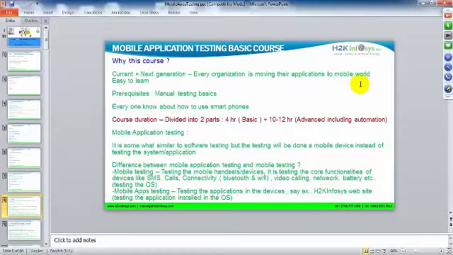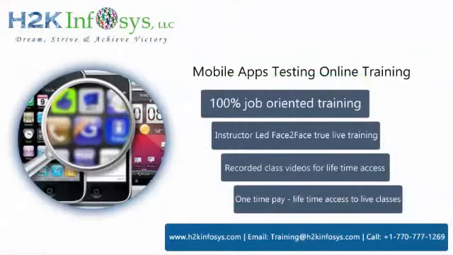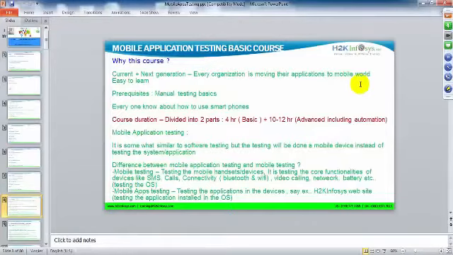Mobile app testing is nothing but testing the applications inside the device. Now you have your iPhone 6, and you install one application and work on it. That is mobile app testing. Say, for example, if you want to transfer your money, you will install your apps.